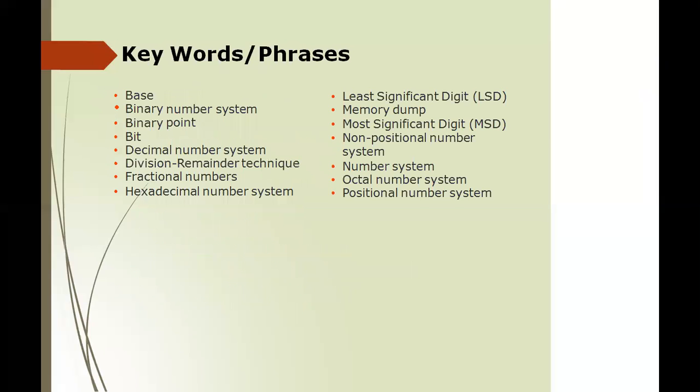The keywords for this lesson are base, binary number system, binary point, bit, decimal number system, division technique, fractional number, hexadecimal number system, LSD, that is least significant digit, memory dump, most significant digit, non-positional number system, octal number system, and positional number system.